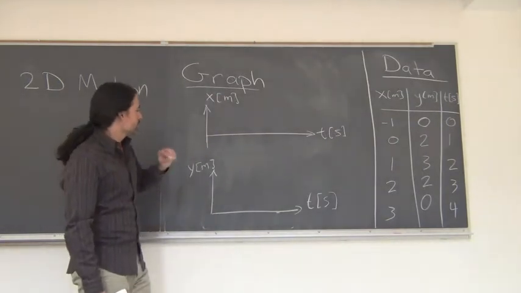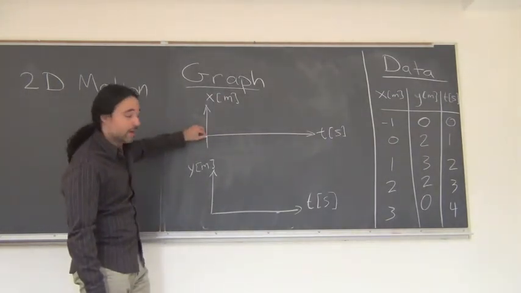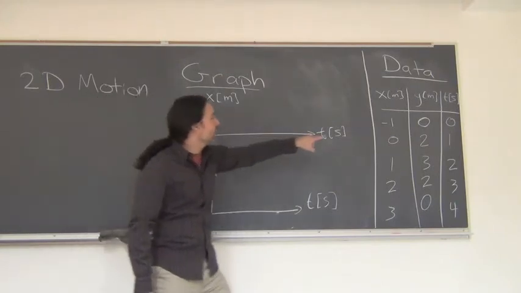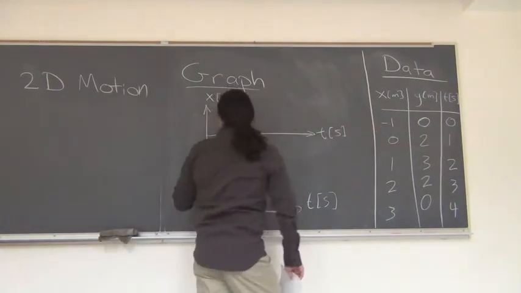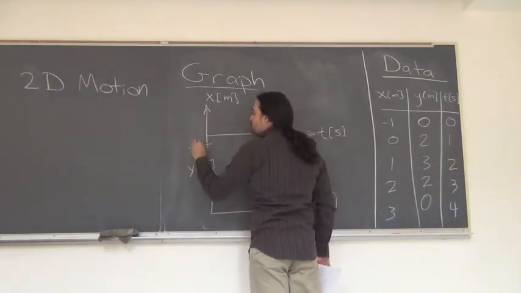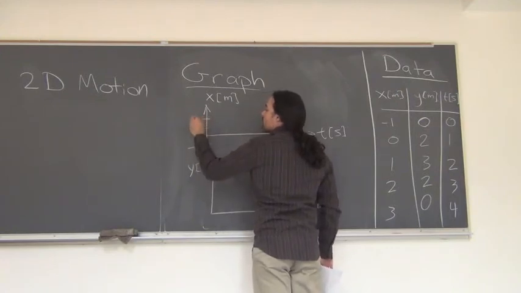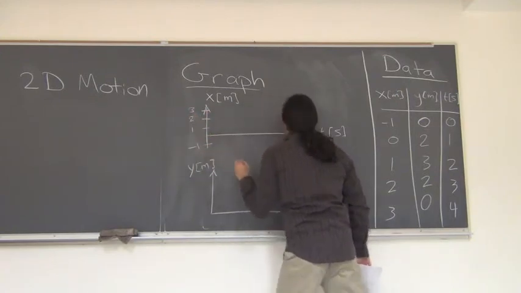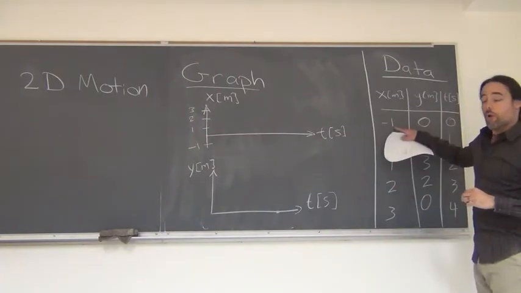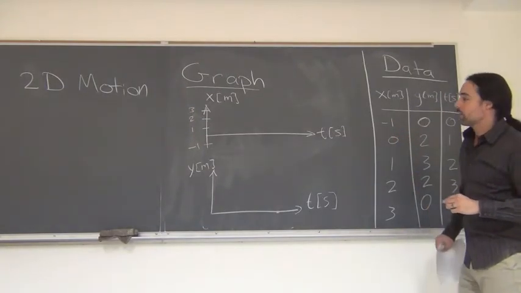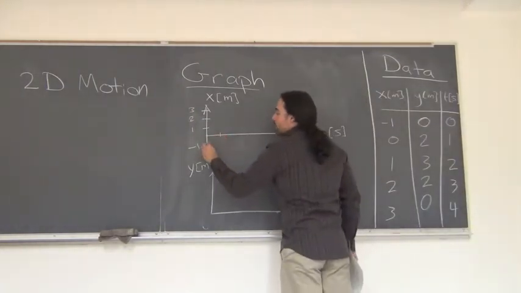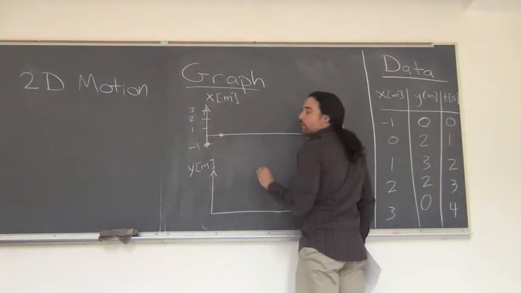At time 0, so right on this axis, I have an x value of -1 meter. We have -1 meter, 1 meter, 2 meters, 3 meters, and then I just go up 1 for every second. So after 1 second, I'm at 0 meters.